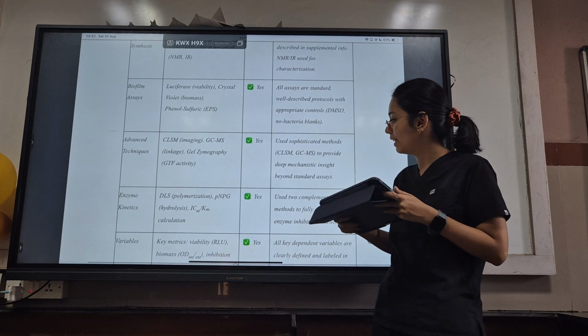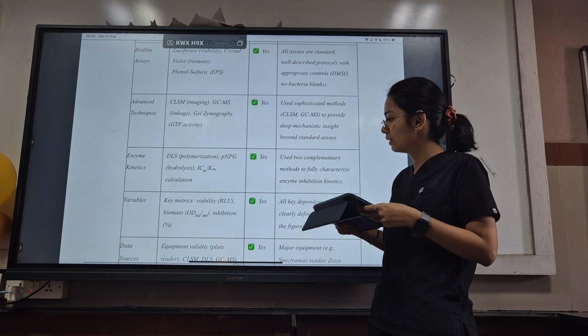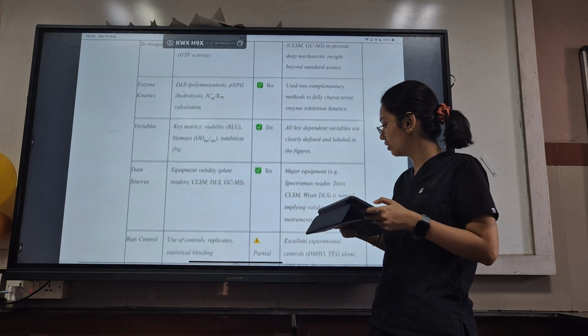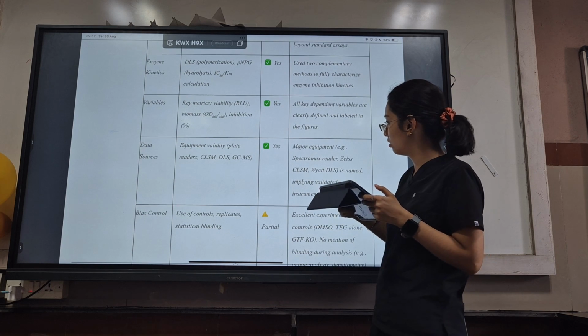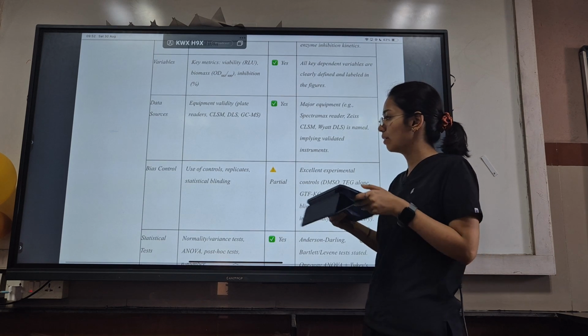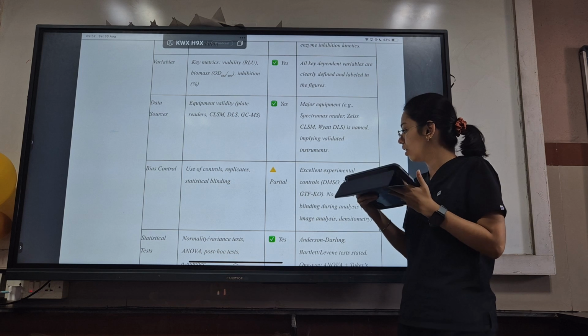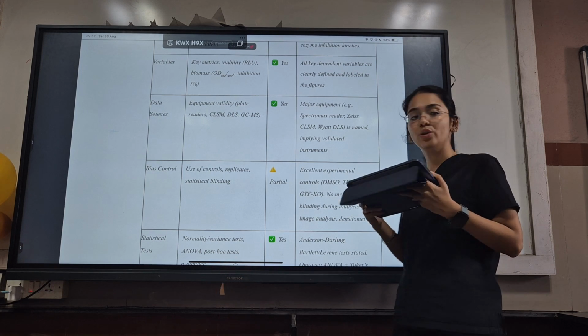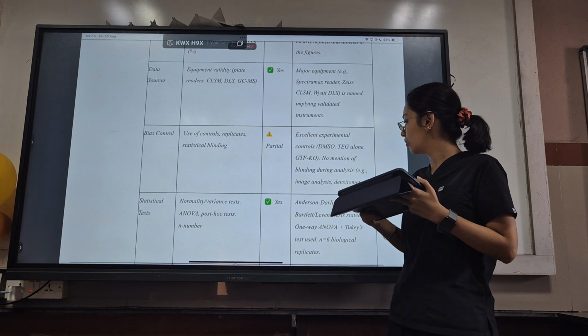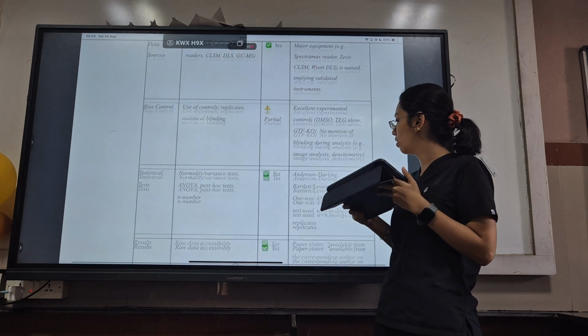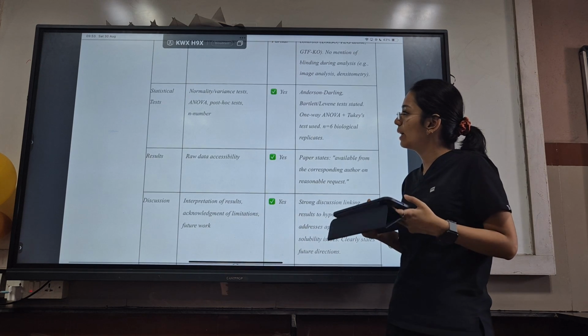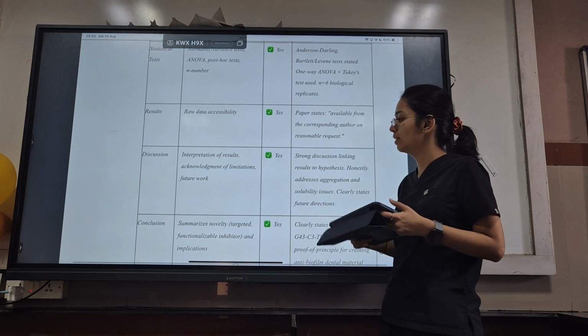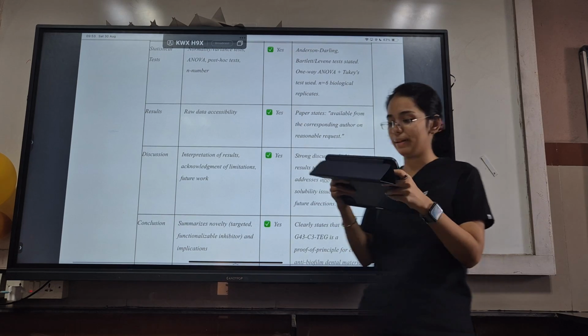The advanced techniques, enzyme kinetics, variables, and the data sources were all documented very well. But there is a bias control where they didn't mention the blinding during the analysis, so during the image analysis or the densitometry. Otherwise, the statistical test results, discussion and conclusion are all documented well.